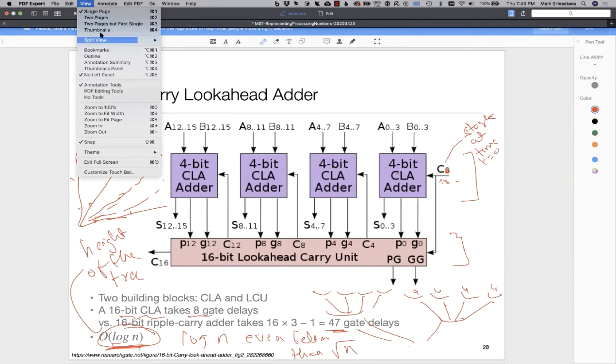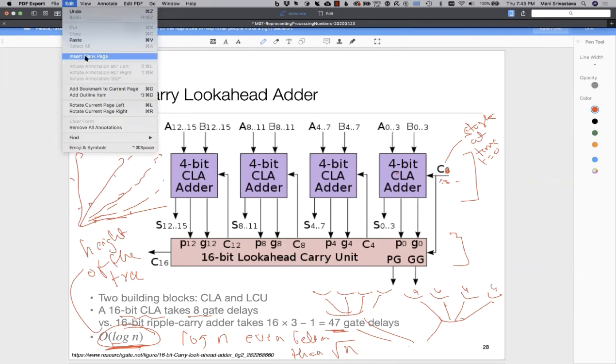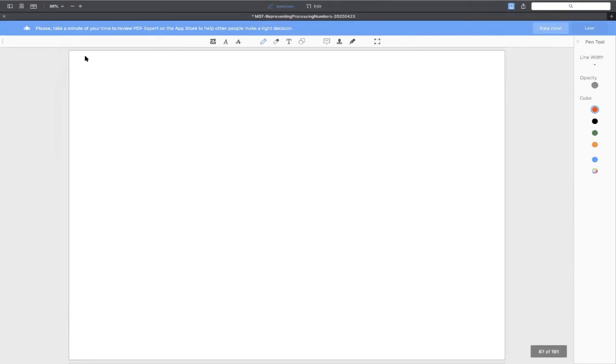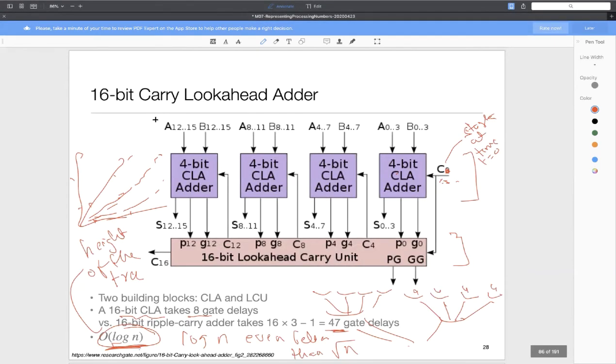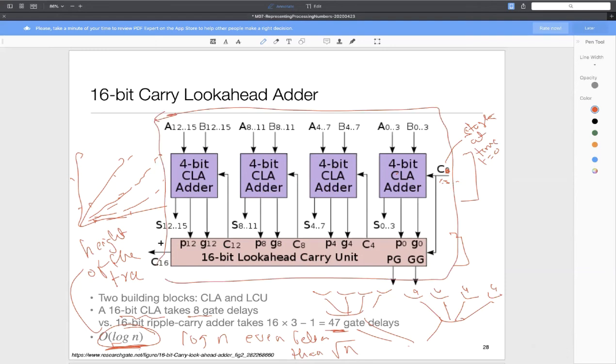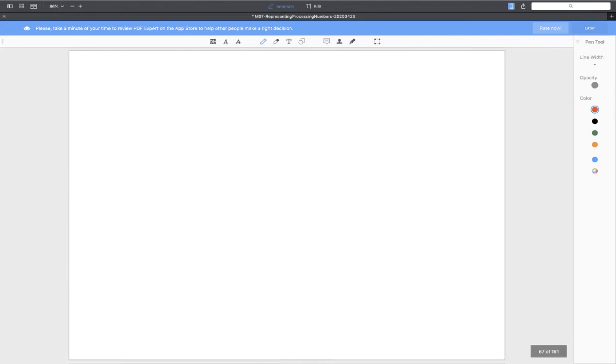Okay, so let's say we are going to call this whole thing CLA 16, a 16-bit CLA. And now let's say you come to me and say, I need to make a 64-bit thing.